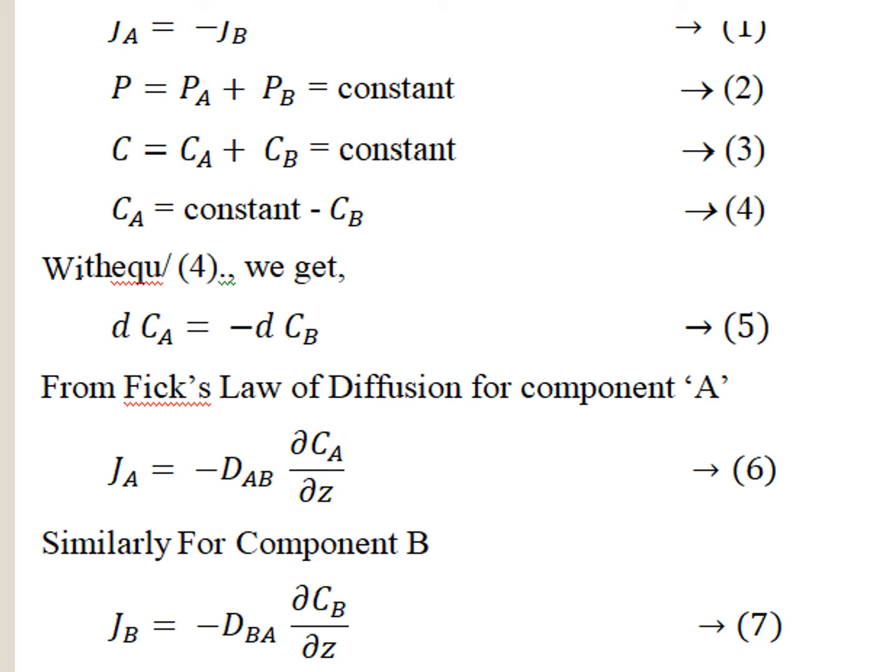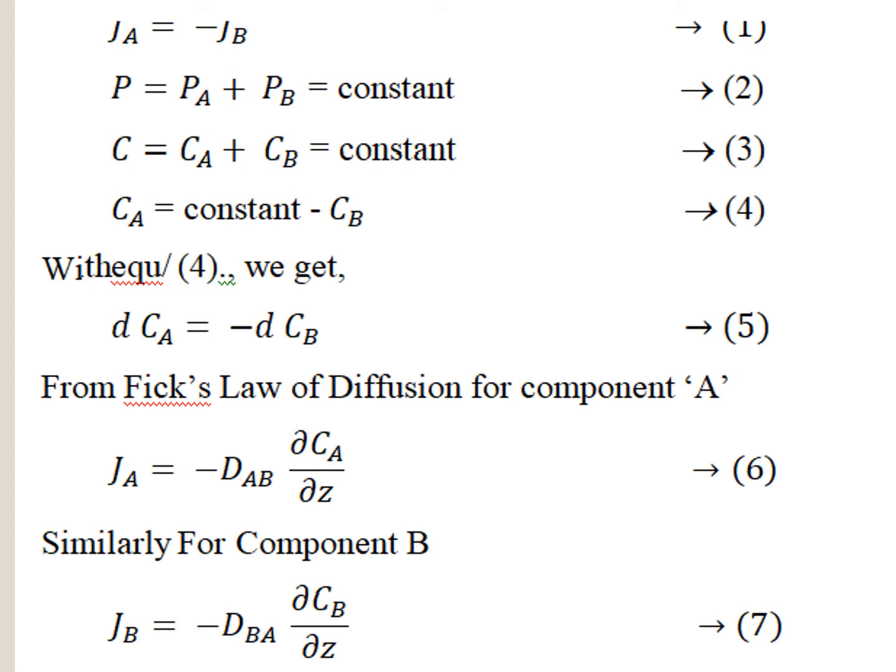The second expression: the total pressure is equal to the sum of the partial pressures of the components. This is called Dalton's law. According to Dalton's law, total pressure P is equal to the sum of individual partial pressures of the components. In this derivation we consider the two gases capital A and B. Already I gave the definition of diffusion.